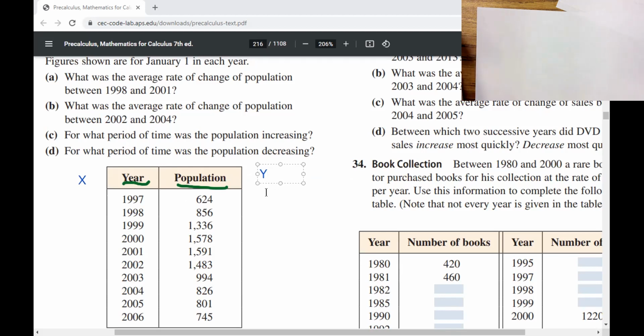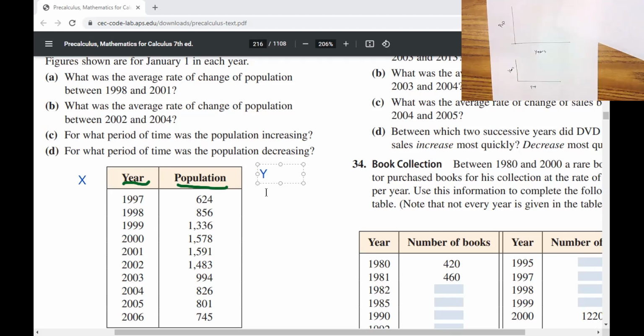And another way you can think about it is if you guys look at this little graph. If I graph this, years and population, would this make sense? Years and population? Or would this make sense? Population and years. Which one would make sense graphically? Population on my y-axis or years on my y-axis?